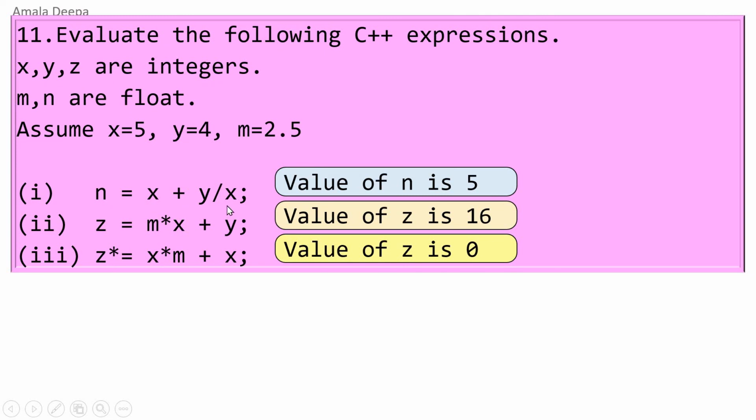You take the expressions in the right hand side of these assignment statements and draw the order of evaluation for these expressions, as I have taught you already in one problem. So the first expression, x plus y divided by x, the order of evaluation will be as follows.